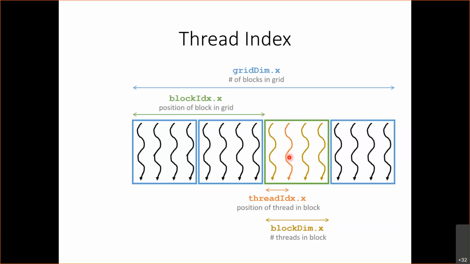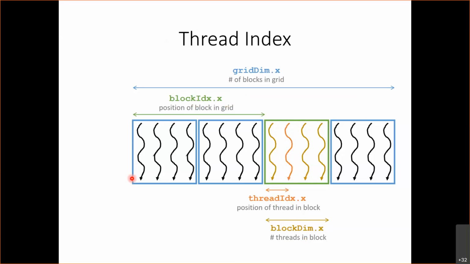If it calls blockDim.x, it will get 4 because there are 4 threads in the block. And if it calls threadIdx.x, it will get 1 because its index with respect to other threads in its block is 0, 1.